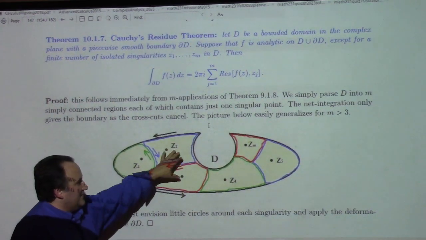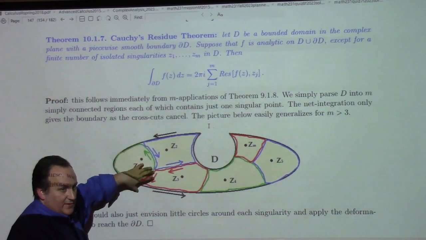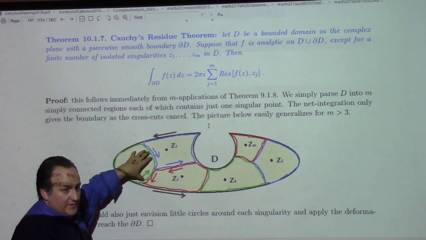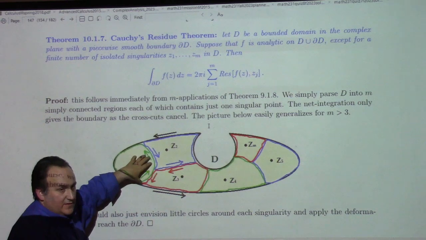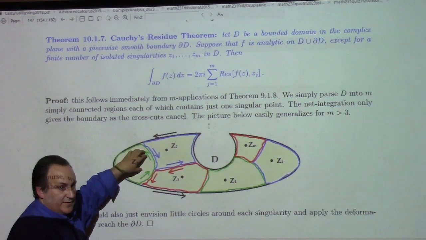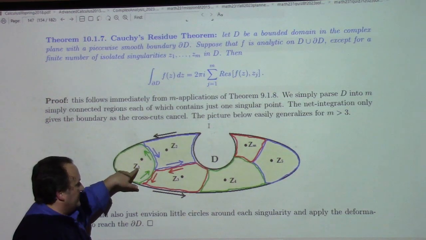See, because you can take this thing and you can put these crosscuts in, right? And you can encircle each singularity with a closed loop, in which the function is holomorphic everywhere except for the singularity. So you can just pinch it down and apply the theorem I wrote on the other board and calculate the integral around that loop as 2 pi i times the residue at z1.